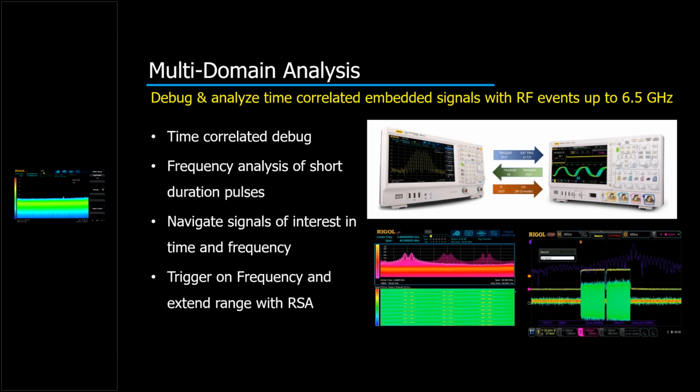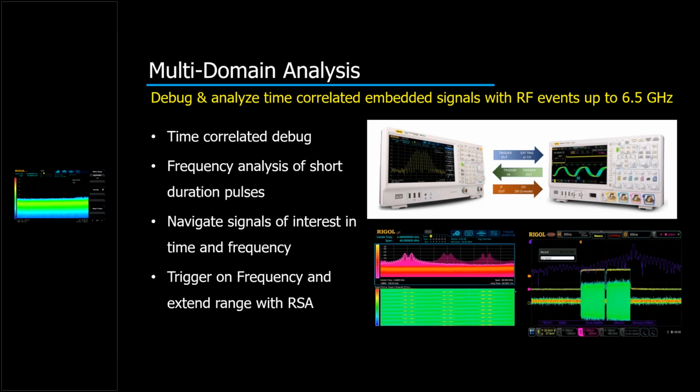So now we're into it. Let's try to just set some goals for what we're trying to accomplish here in multi-domain analysis. So just to be clear, we're trying to debug and analyze some time-correlated embedded signals with some RF events. We have some challenging problems or failure states that are happening across these domains.